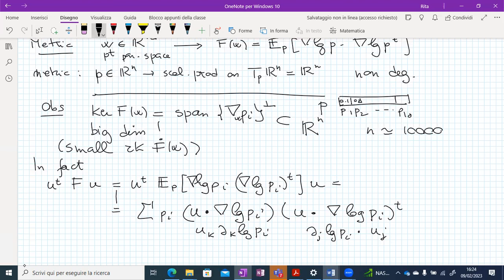Now you see that this is the same quantity multiplied by itself. It's a very tiny observation.